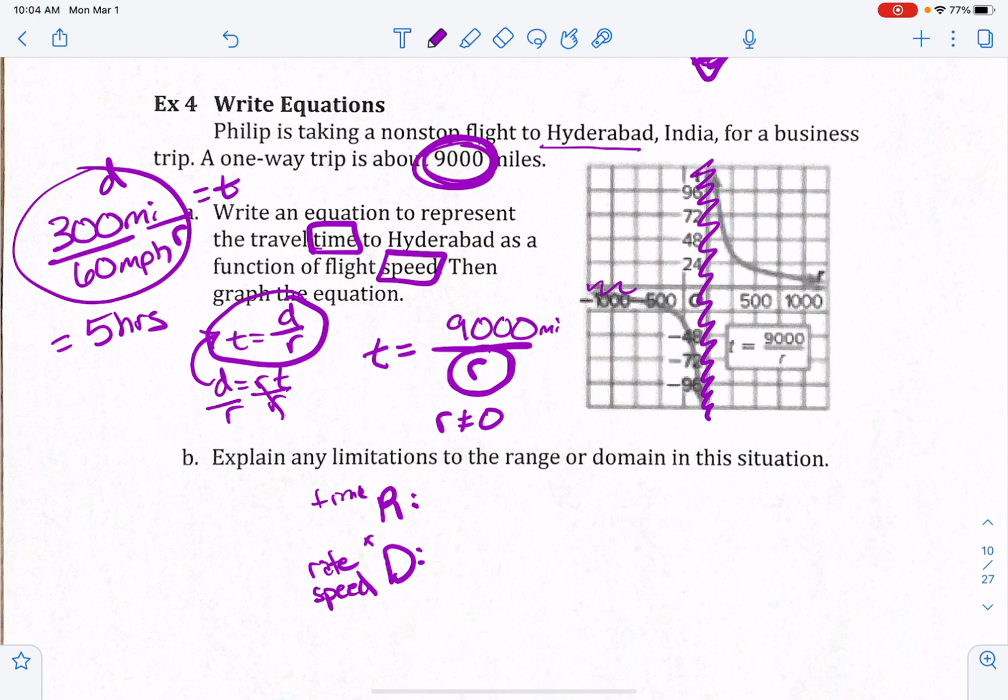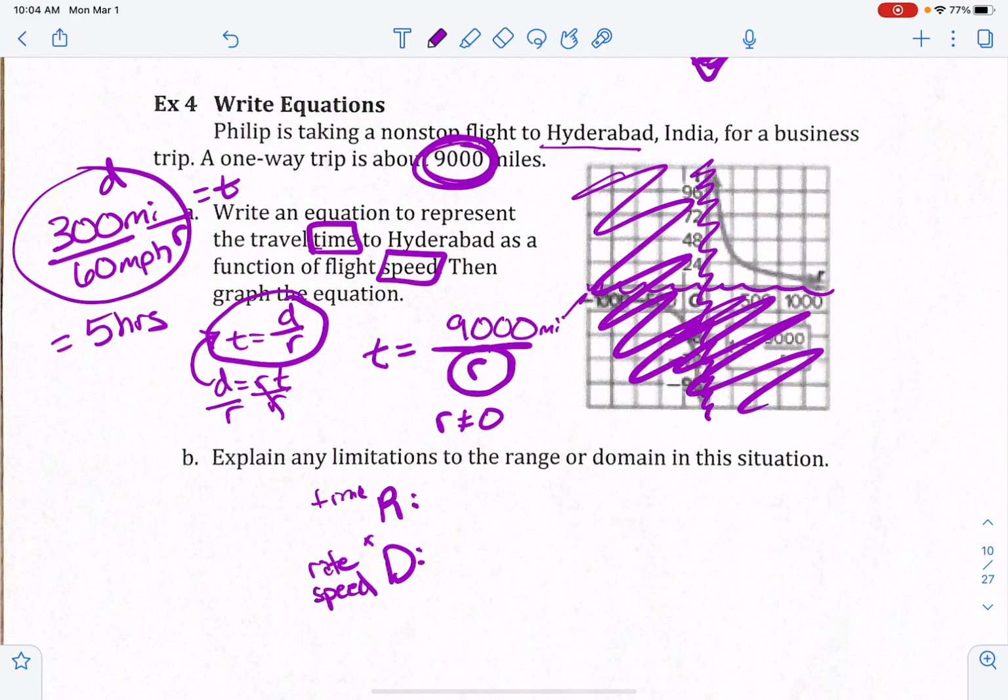We know that we have a vertical asymptote and a horizontal asymptote here at 0, but in addition to that, it really doesn't make any sense to do any of this or any of this because time can't be negative and speed can't be negative. Not even if you're going backwards, speed cannot be negative.